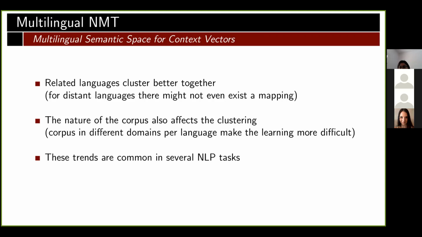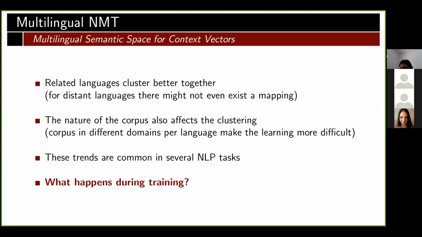But this is not something that we see for the first time. We have seen also the same with word embeddings, with multilingual mappings. It's always the same in natural languages. Related languages and same domain are easier tasks than distant languages and different domains. So this is what we are seeing in all the cases.